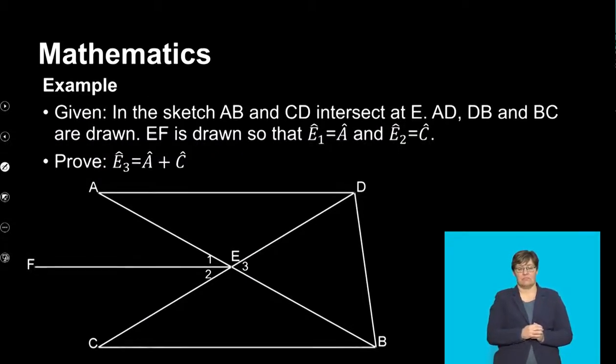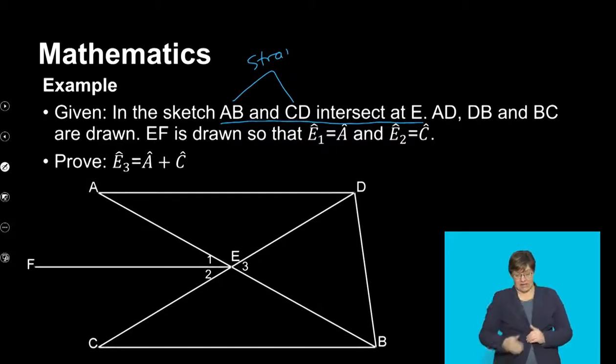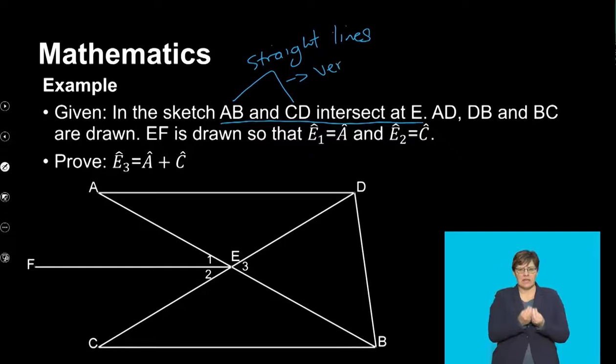Now, if I am given in the sketch AB and CD intersect at E, what does that mean? It means that these are straight lines. And if these are straight lines, then you can consider things like vertically opposite angles, because you can only talk about vertically opposite angles if the lines are straight.